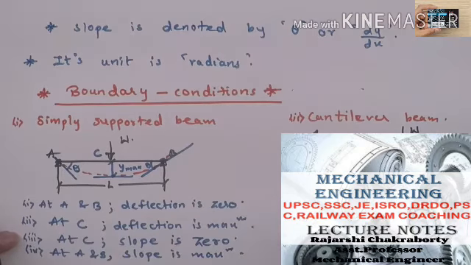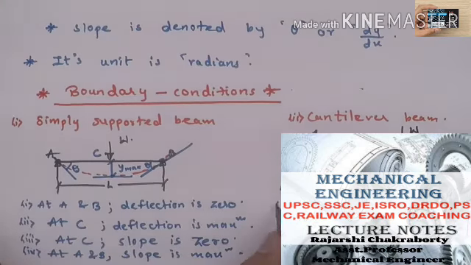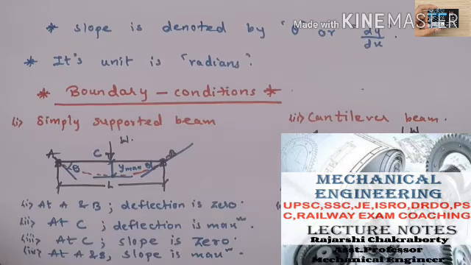Now I can say that first at A, deflection is 0, and also at A, even slope is 0.